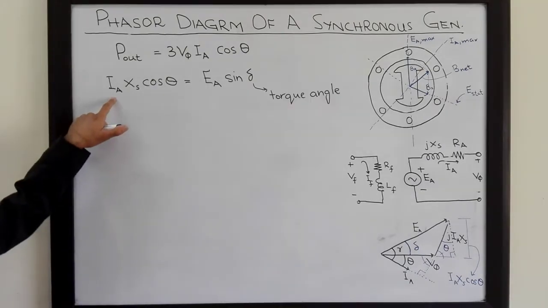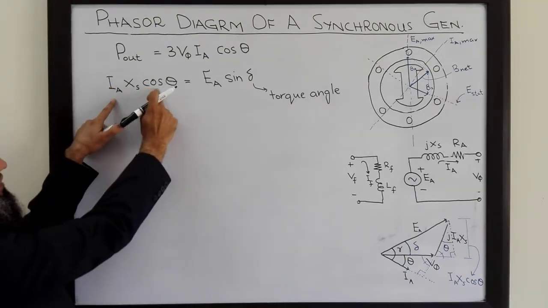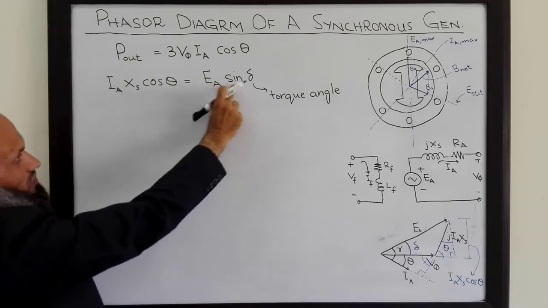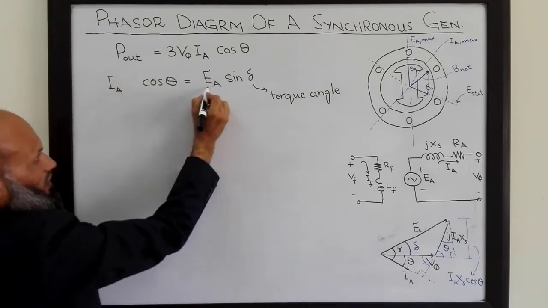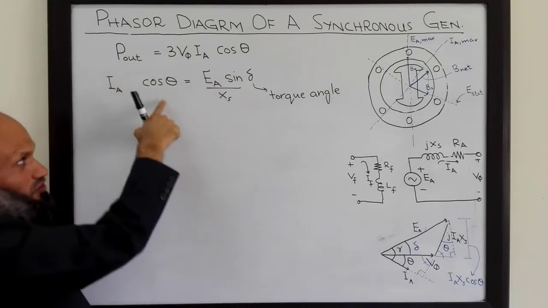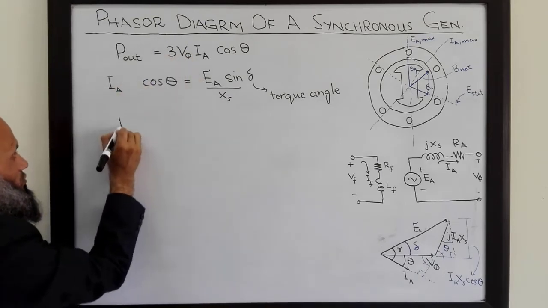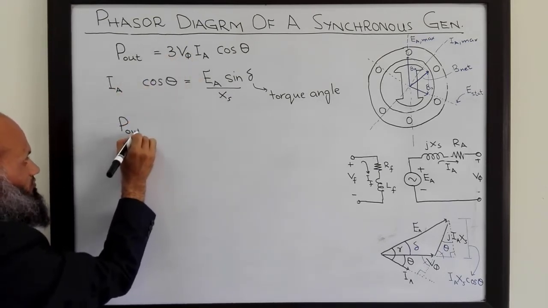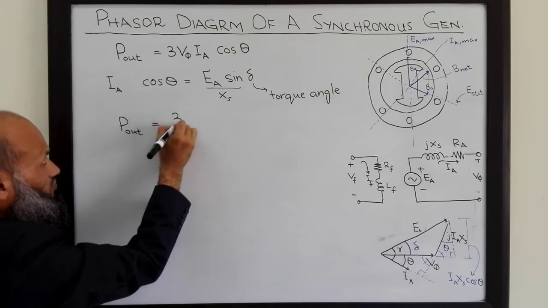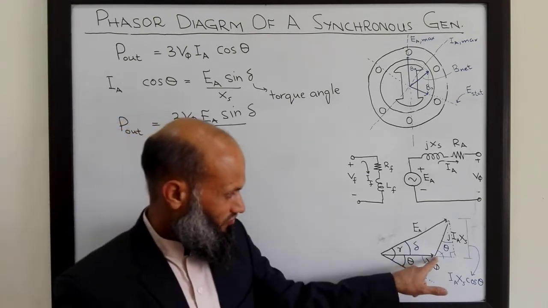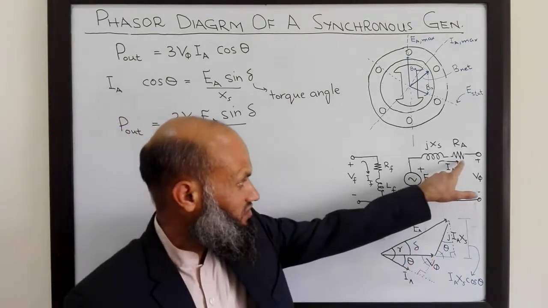If we substitute from here, IA cosine theta is equal to EA sine delta divided by XS. We substitute this expression over here to get the output power. P out is equal to, in this diagram we have ignored the effect of this resistance.